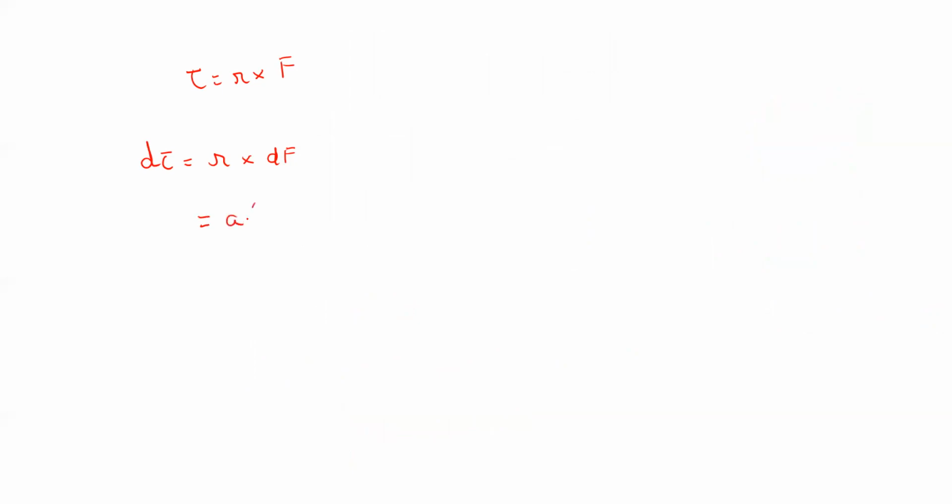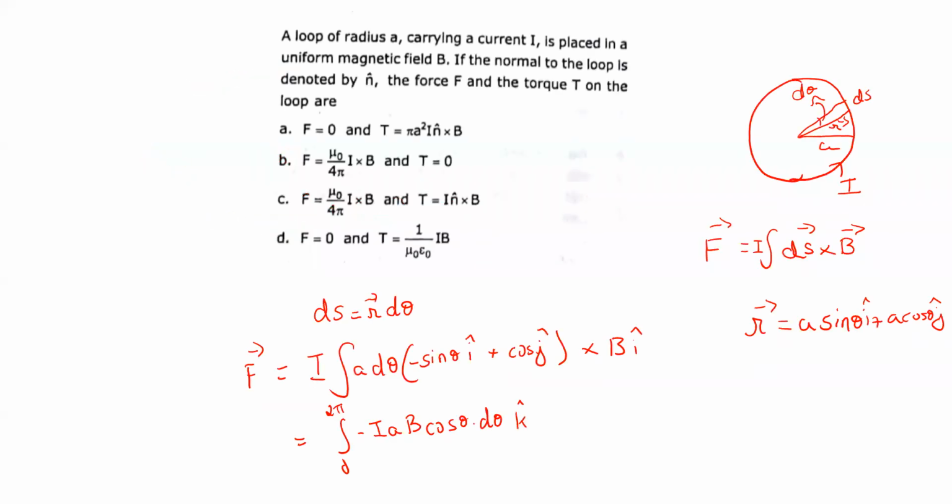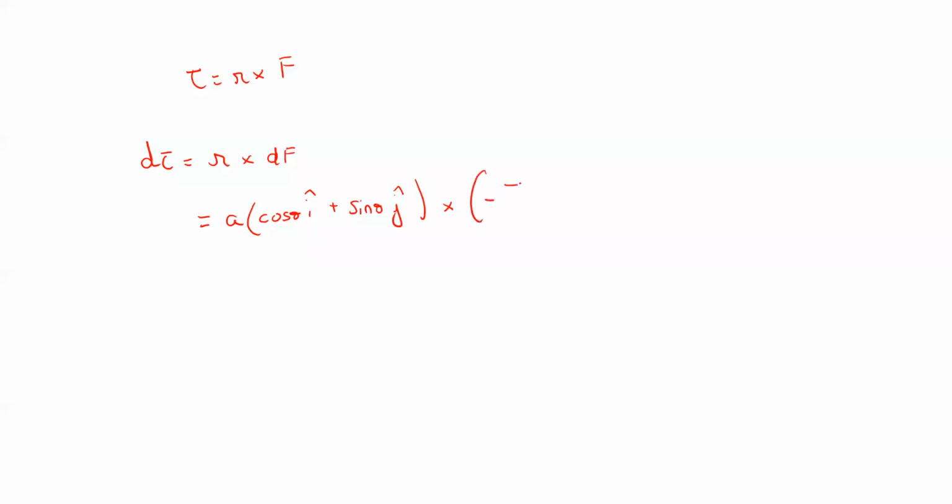So r, the radius vector parameterized, has the form cos theta i plus sin theta j, cross product with dF, which is the quantity we wrote inside this integral, I a B cos theta d theta.